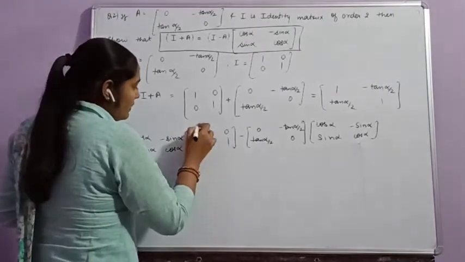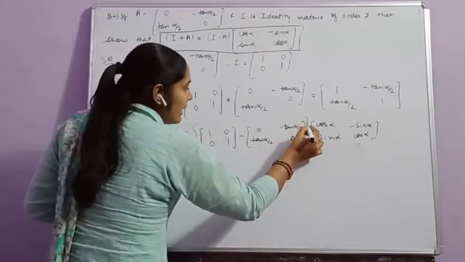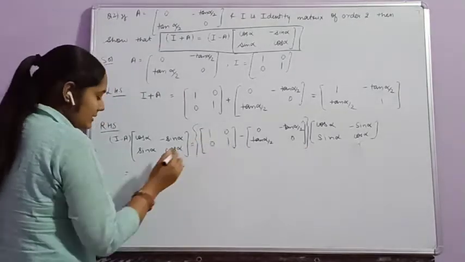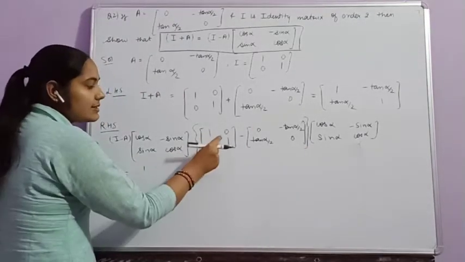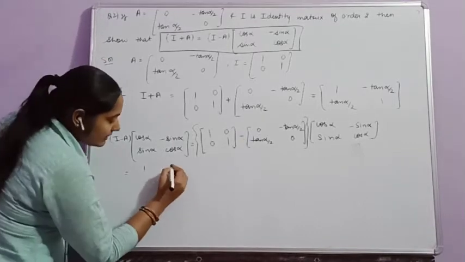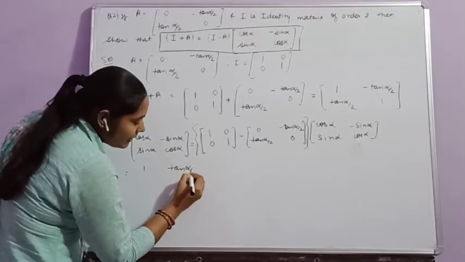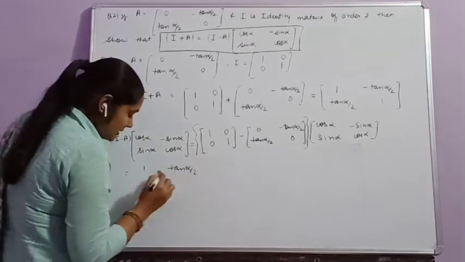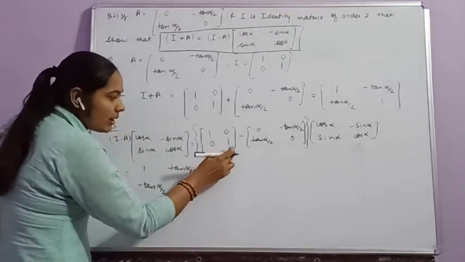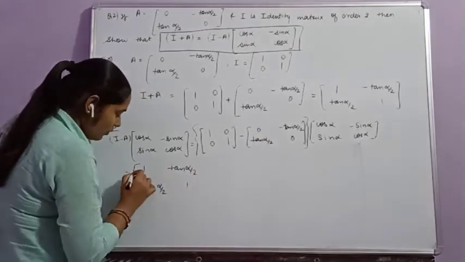Firstly, we solve I minus A. That is 1 minus 0 equal to 1; 0 minus minus tangent alpha by 2, minus plus, becomes tangent alpha by 2. Similarly, 0 minus tangent alpha by 2 is minus tangent alpha by 2, and 1 minus 0 is equal to 1.